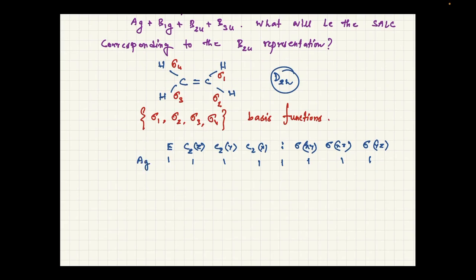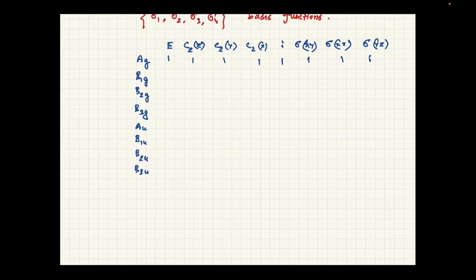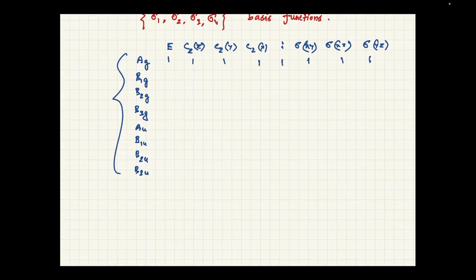Then there will be B1G, B2G, B3G, AU, B1U, B2U, B3U. Okay, 8 irreducible representations.